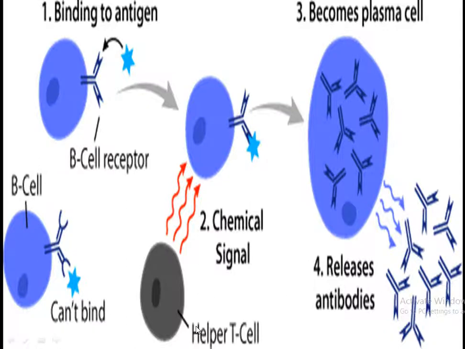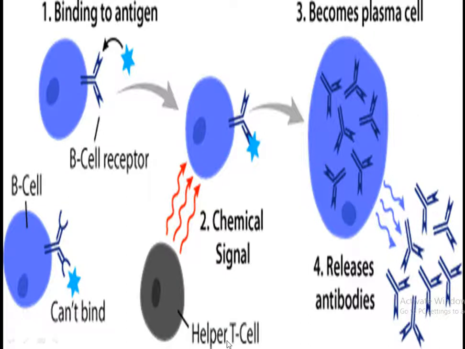Specific T cells help them, and they are named helper T cells, so that it becomes easy for B cell antibodies to be attached with the antigen for the antigen antibody reaction.